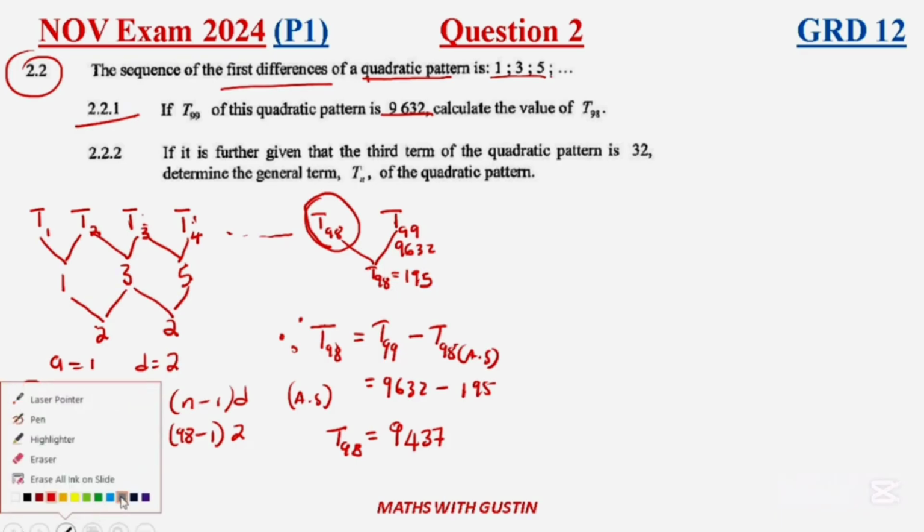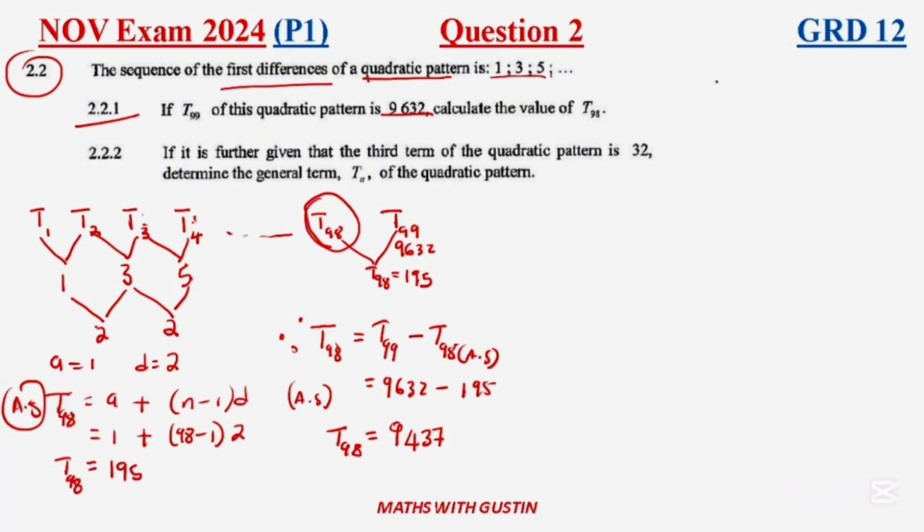Moving right along, let's move on to 2.2.2. It says here, if it is further given that the third term of the quadratic pattern is 34. They are saying this is T3, the third term, it's equal to 32.